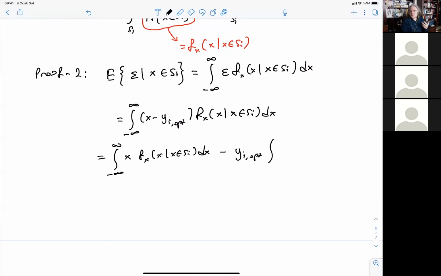Originally, yi optimum was inside the integral, but since it's constant, it has nothing to do with x, the integration parameter. It can be taken out of the integral. That's what I did. And inside the integral, I'm only left with the conditional PDF.